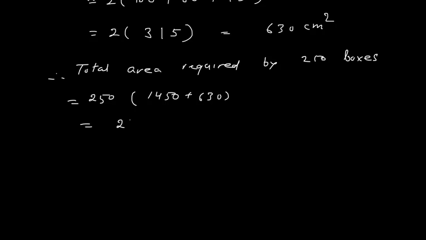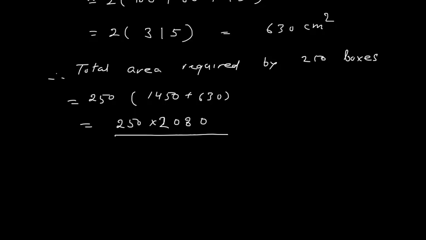So this gives me 250 into 0, 5 plus 3, 8, and 6 plus 4, 10, and then 1, 0. Something is wrong, I think we have done. 6 plus 4 is 10 and 1 plus 1 is 2. Okay, 250 into 2080. Let us cross check. 0, 5 plus 3 is 8, 6 plus 4 is 10, 0 and this 2. 2080. This is the total area required.